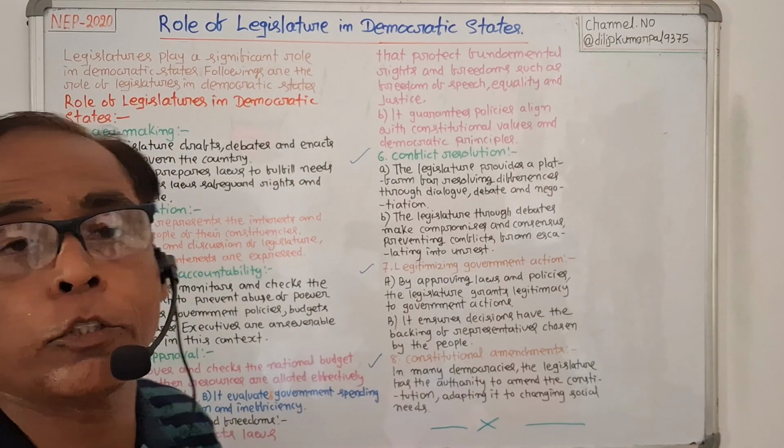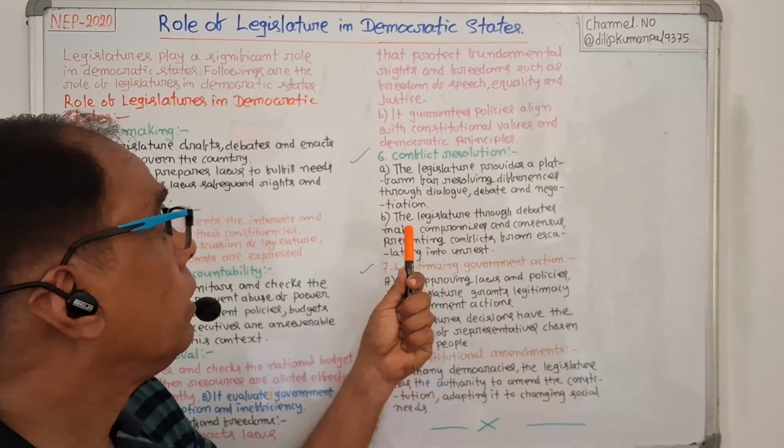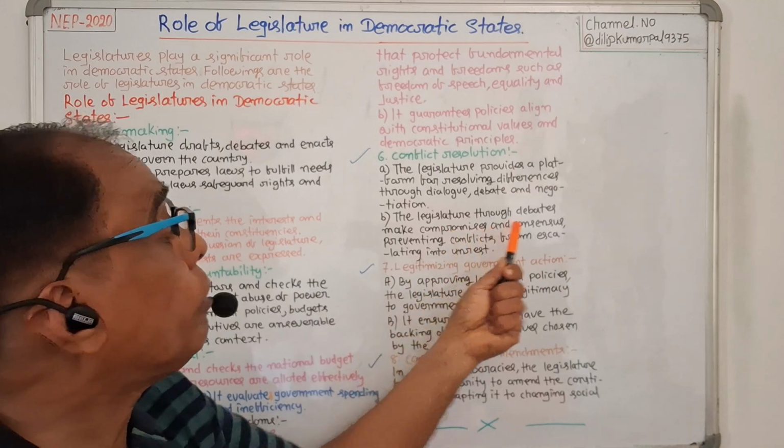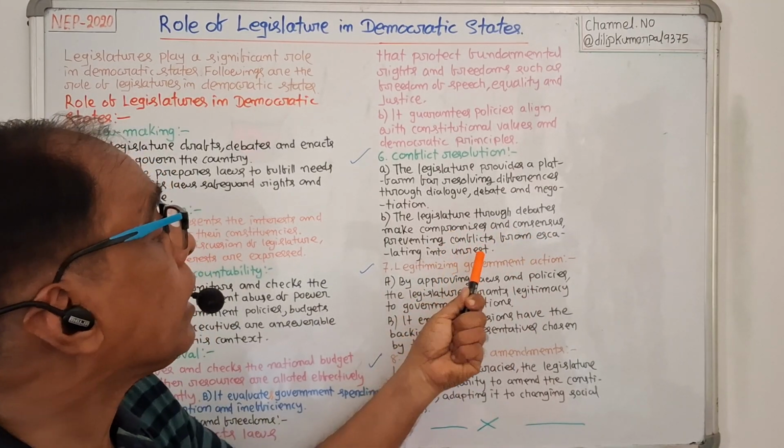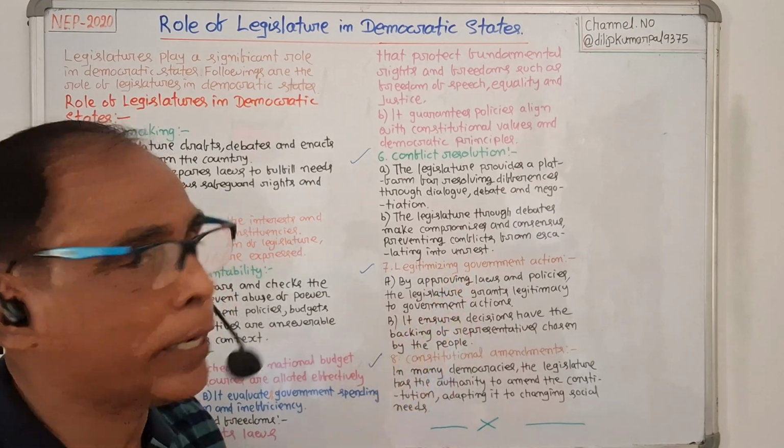Then another conflict resolution function of the legislature is that, through debates, it makes compromises and consensus, preventing conflicts from escalating into unrest.